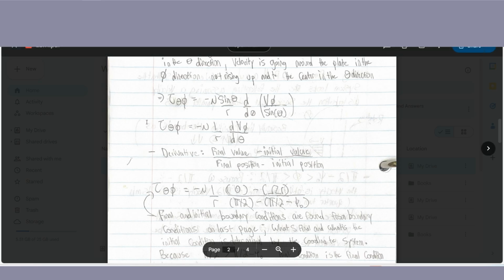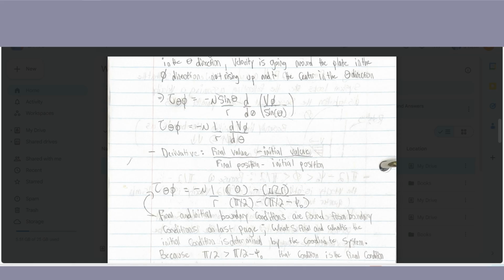And so the final value is at theta equals pi over 2, and the initial value is at theta equals pi over 2 minus trident.